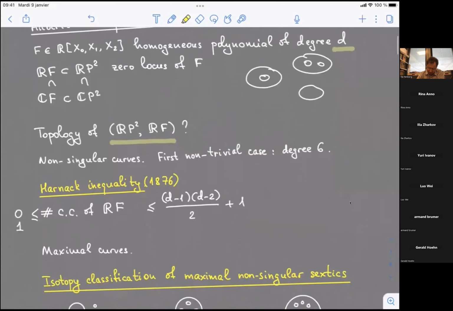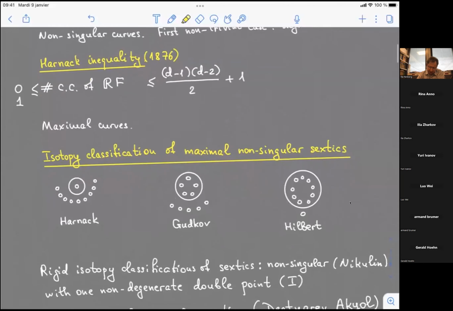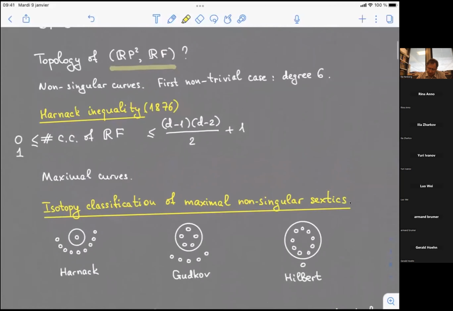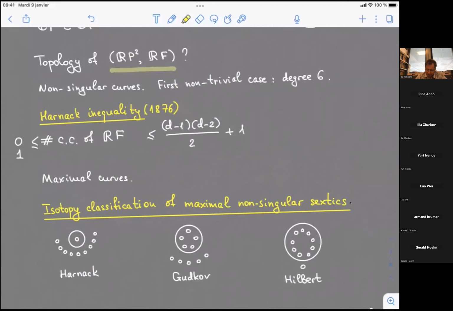So let me show you this isotopy classification of topological pairs. In the case of maximal non-singular sextics, according to the Harnack inequality, in the case of curves of degree 6, the maximal possible number of connected components of the real point set is 11.